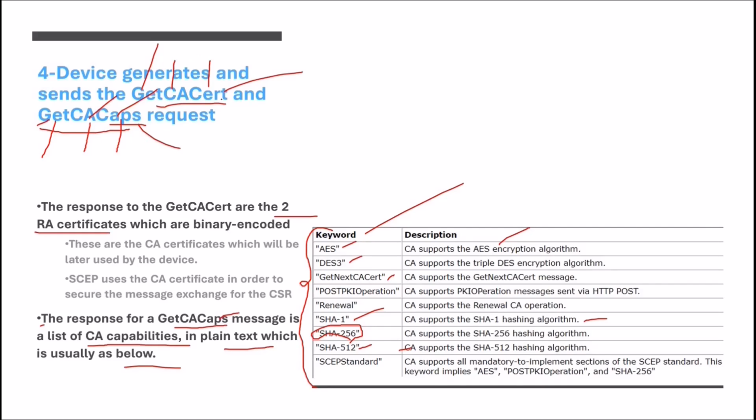So in the get CA cert, the device has reached out to the SCEP URI and the SCEP service, and it has requested the RA certificates. What is the response? The Cloud PKI is now going to respond to the device and provide the RA certificates.